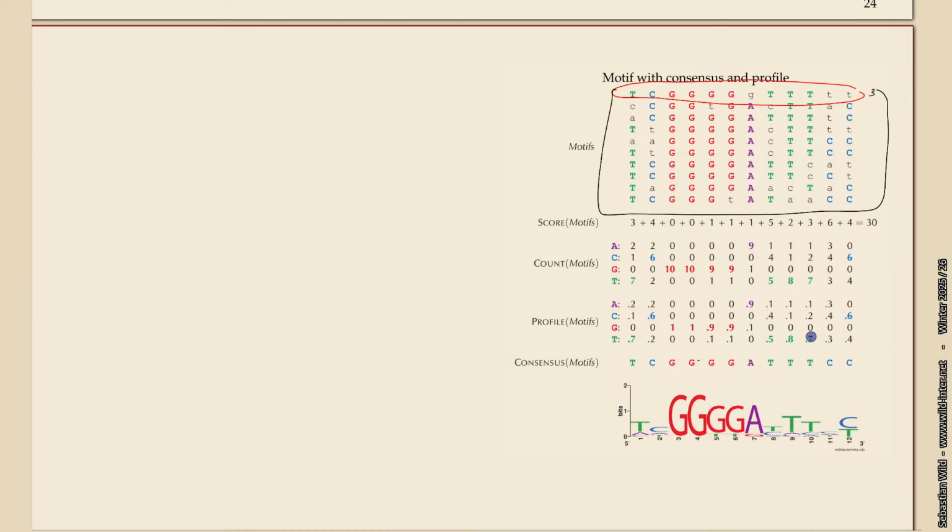How do we find that row? We compute the profile, which is we sum up in each column separately how often each of the 4 characters occurs. That's what they call count here in profile, and it's normalized to sum to 1. But of course, the same information.